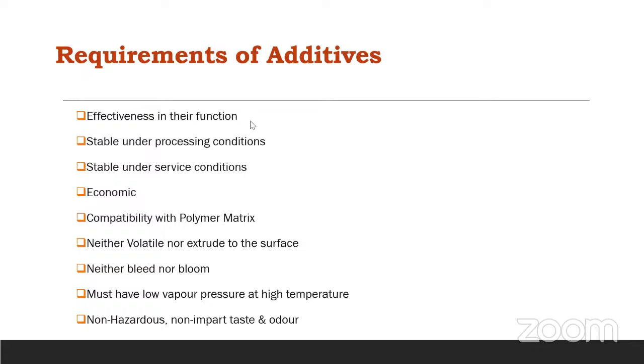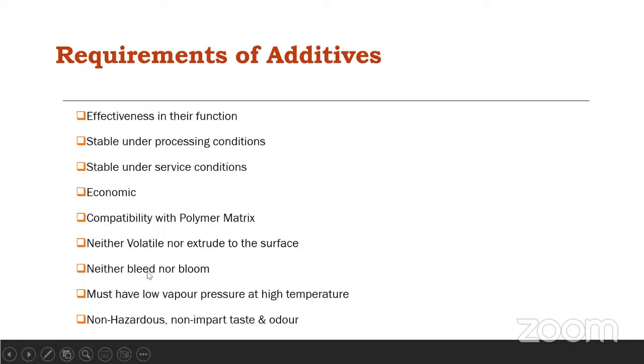There are some additives which, when added into the polymeric material, after a few hours migrate to the surface. Then, due to the incompatibility issues, the additives do not play their function. Additives should also not be volatile, nor should they migrate or extrude to the surface.